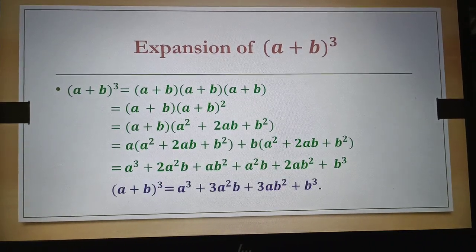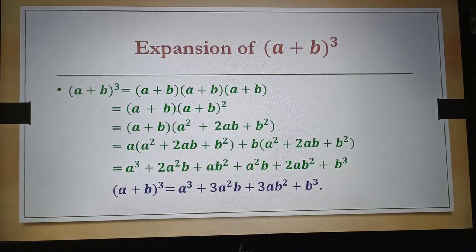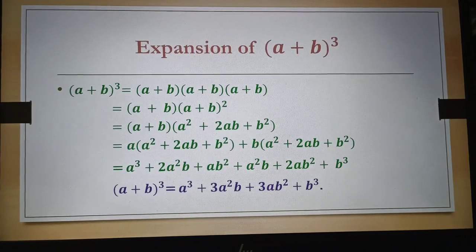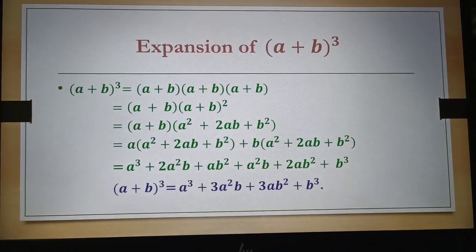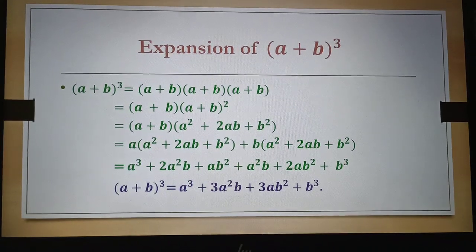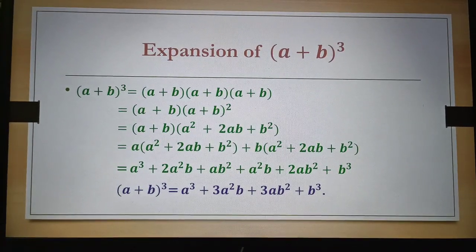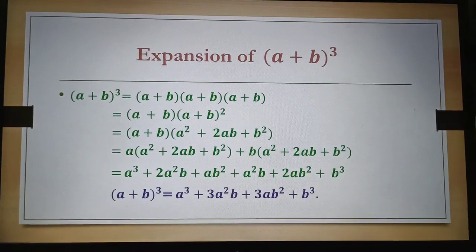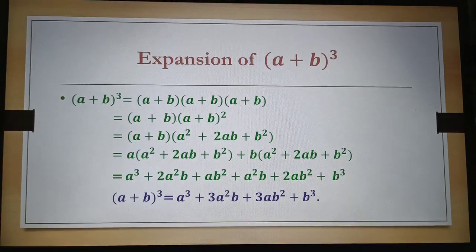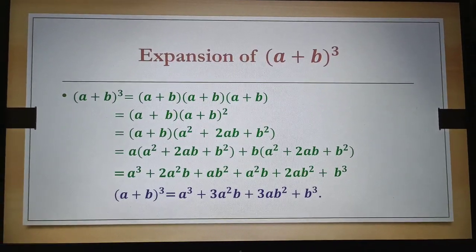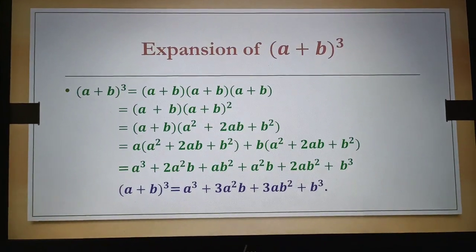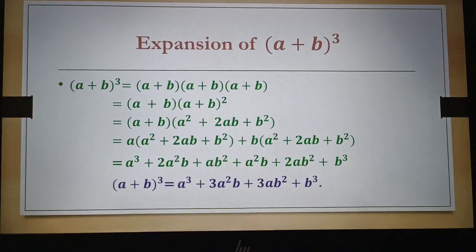Then next one is, see here, first term a cube, and the second term, look at the second term, plus 2a square b plus, and next one is a square b. So now we have to add this, 2 plus 1 is 3. That's why 3a square b.